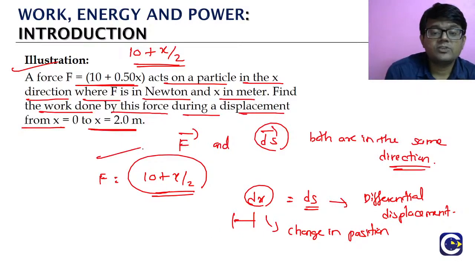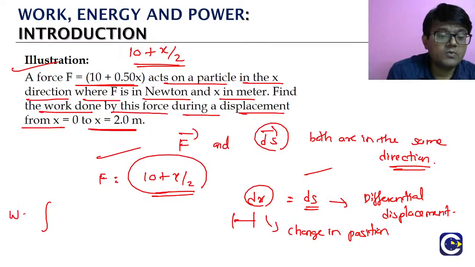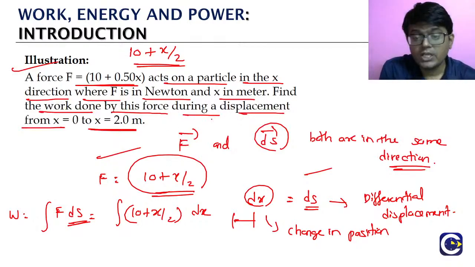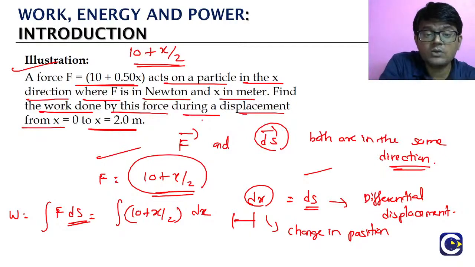Since we are assuming that force and displacement are in the same direction, work will be the integral of F ds cos theta, and cos 0 will be 1. So F is 10 plus x by 2, and in place of ds we write dx. We have to do this integration because we need the work done by the force during the displacement from x equal to 0 to x equal to 2.